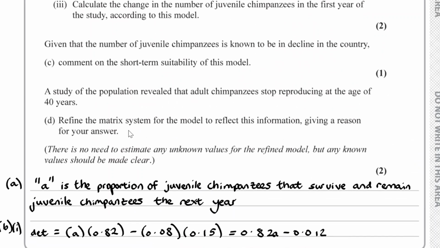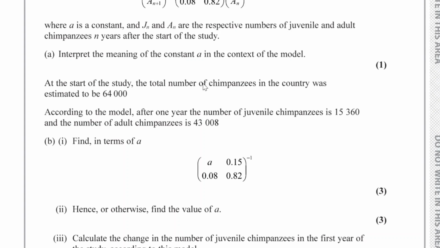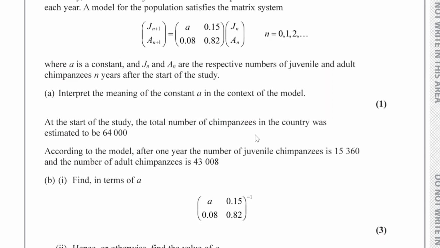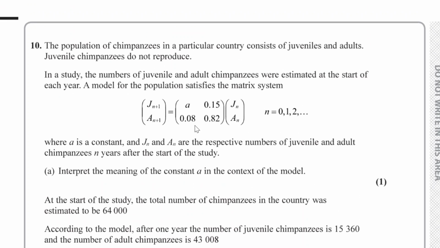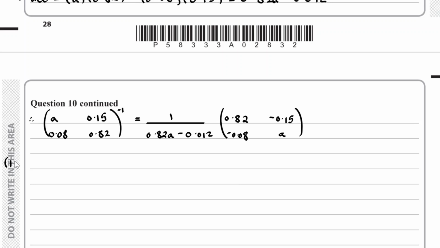And now for the next part, we have to hence or otherwise find the value of A. We were told already that at the start of the study, the total number of chimpanzees was estimated to be 64,000. The start of the study is when we have J0 and A0. So we have A0 plus J0 equals 64,000.